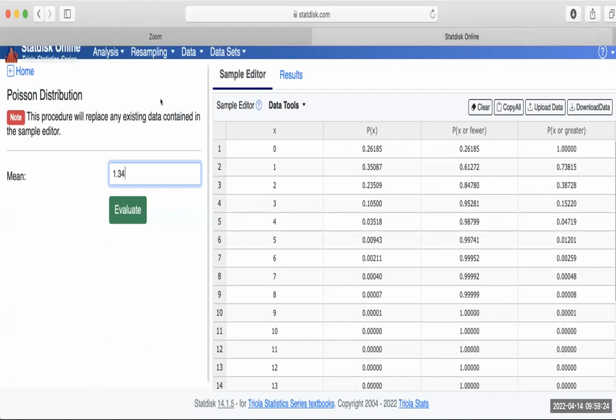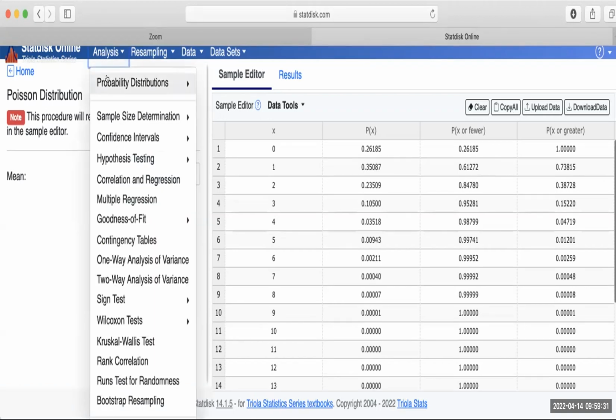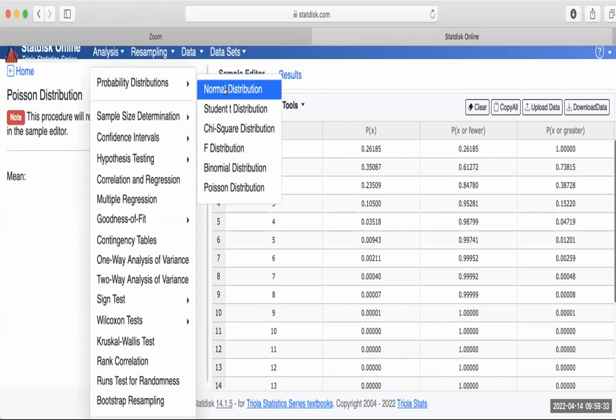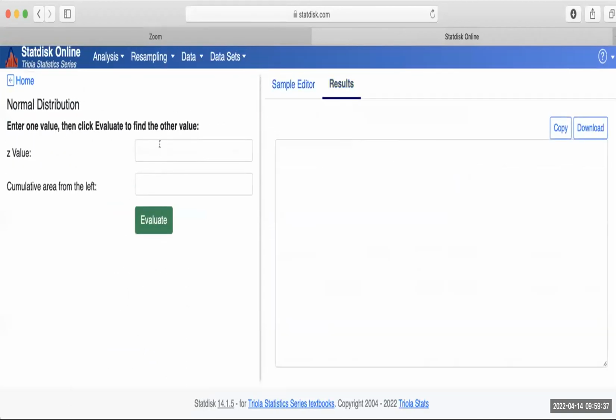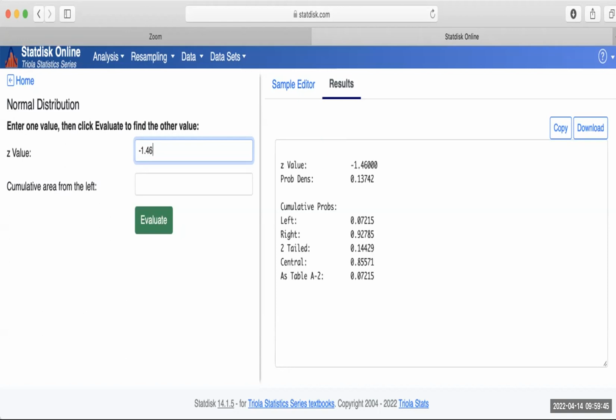I will go to Analysis, go to Probability Distributions, go to Normal Distribution, and then I will type in the Z value, negative 1.46. I get the area to the left is 0.0715.